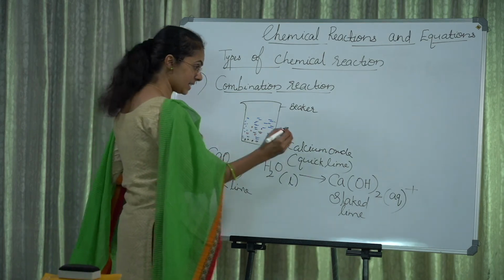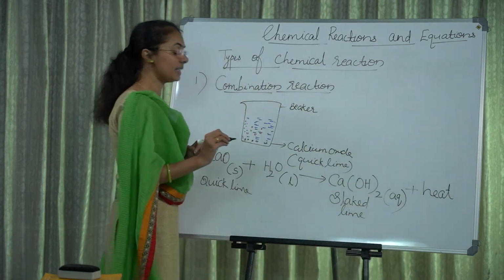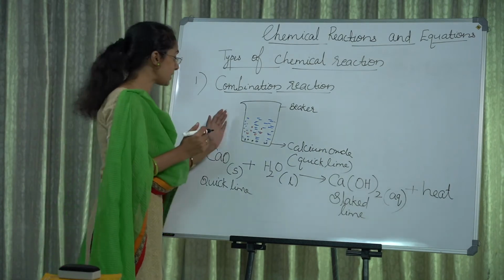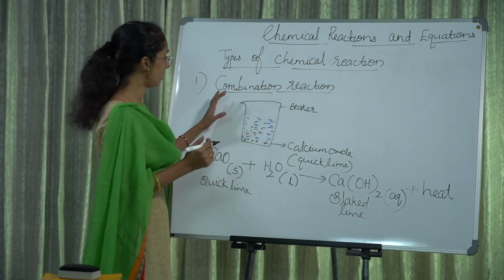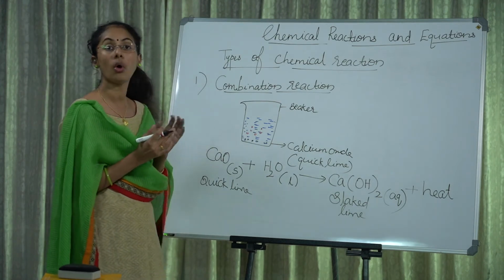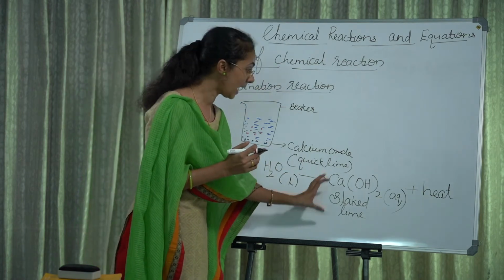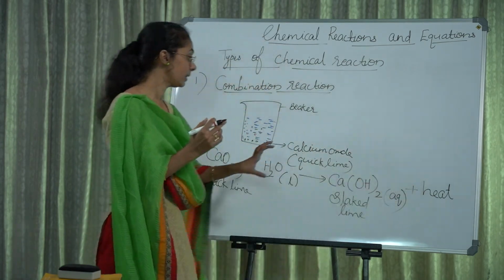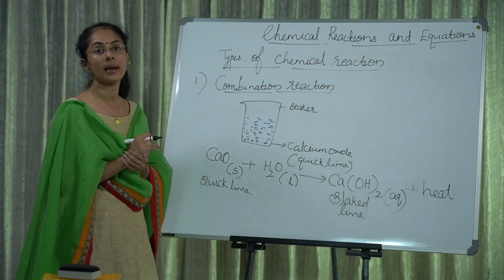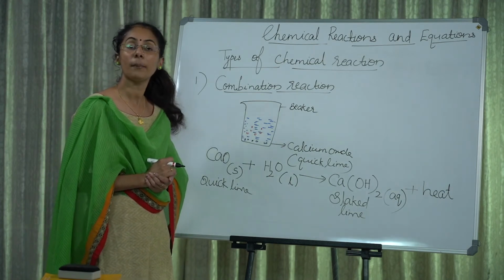In this reaction, heat is also liberated. We can touch the walls of this beaker and we feel it too hot. So in this reaction, slaked lime plus heat. Heat is liberated in this reaction. In some reactions, heat is liberated with the product.